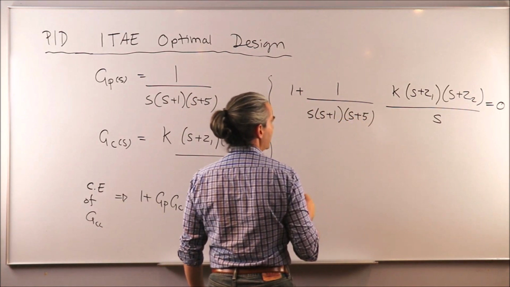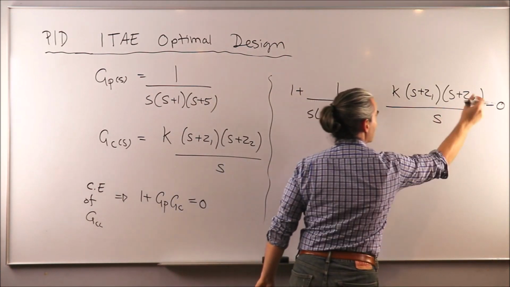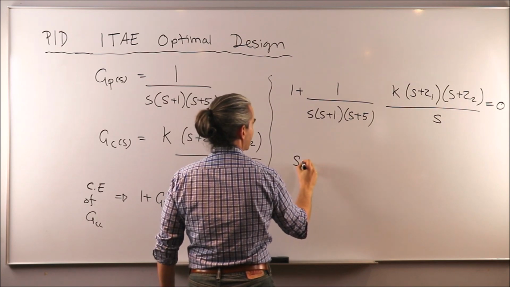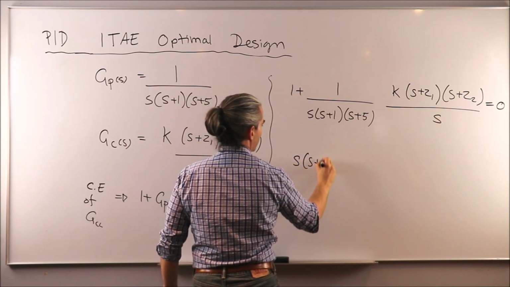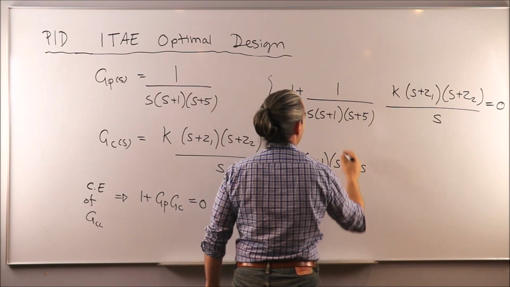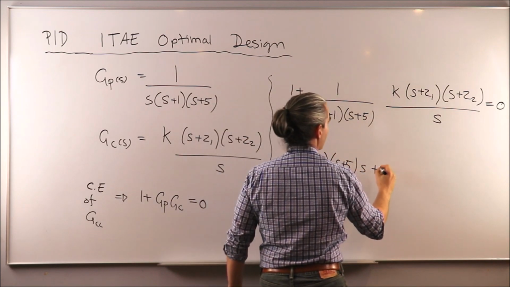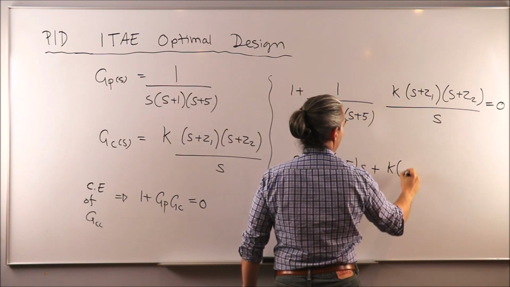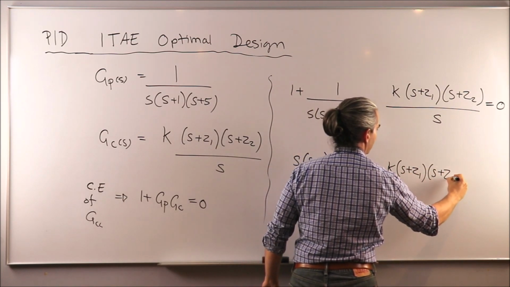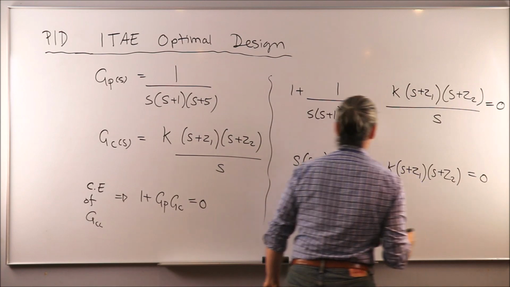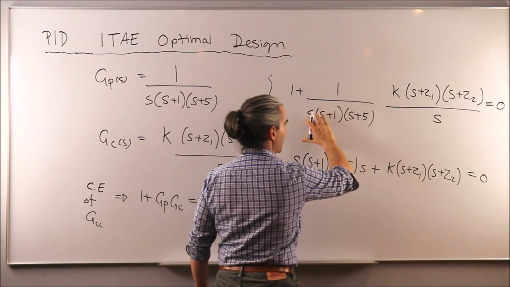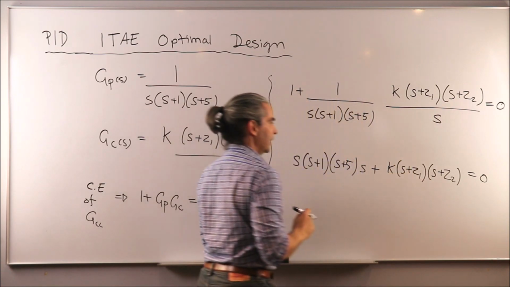Let's cancel out the denominator because we have this equal to 0, and let's see what we end up with. So essentially we're going to get s times (s plus 1) times (s plus 5) times s for this term, plus k (s plus z1)(s plus z2) equals 0.